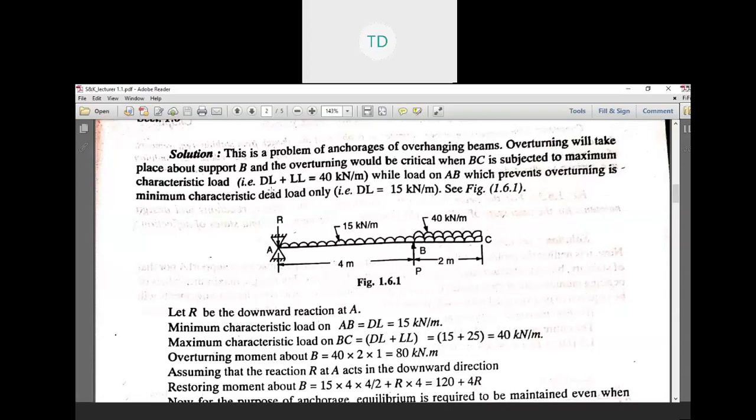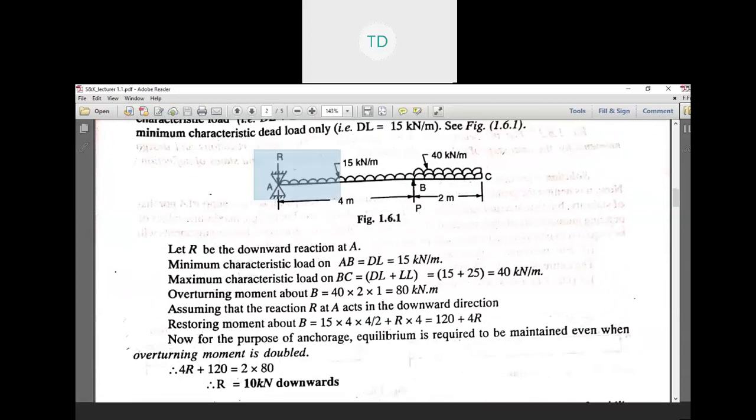Here the load combination dead load plus live load is equal to 40 kilonewton, because 25 live load and 15 dead load, while the load on AB which prevents overturning is the minimum characteristic dead load, only 15 kilonewton per meter. The figure is as shown in this box.